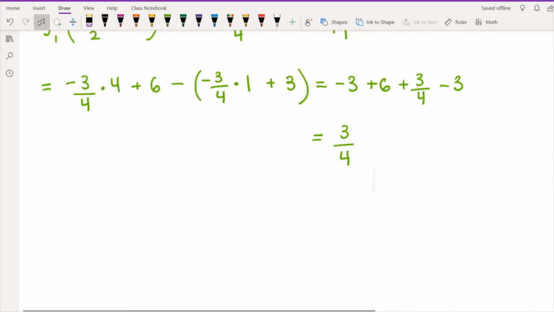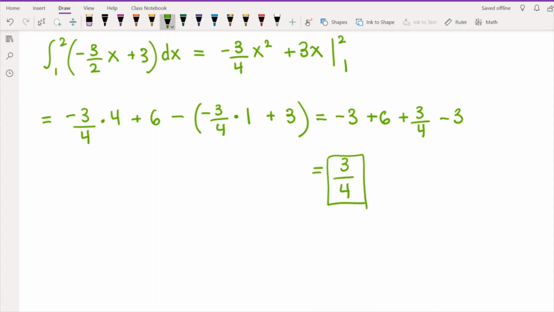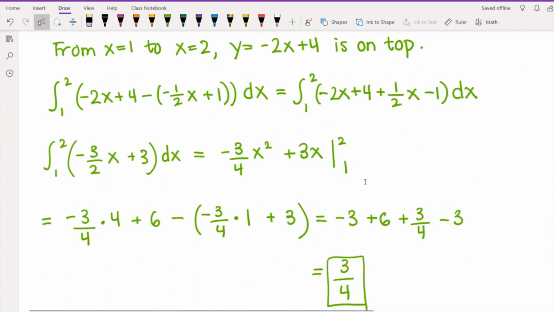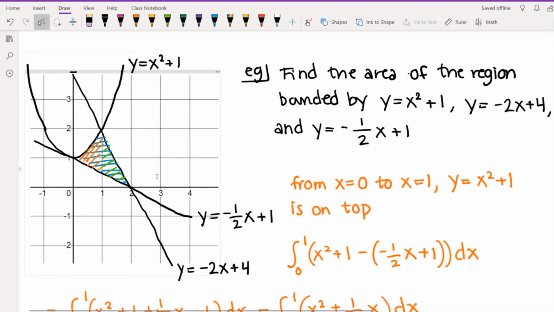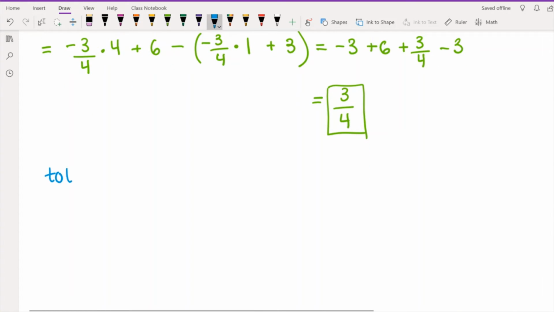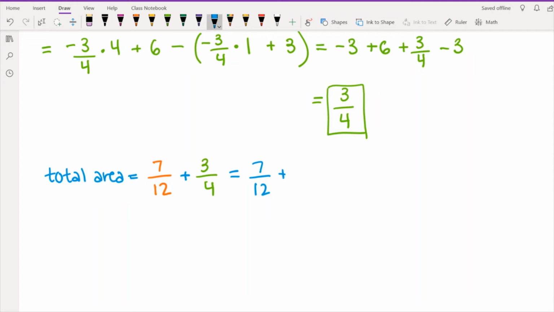And so now to find the total area, we just have to add together what we got in both parts. So let's go look back at our previous answer. So we got 7/12 on the first part, and we have 3/4 here. And so we just want to add those two things together. So the total area is equal to 7/12 plus 3/4, which is equal to, so we can make a common denominator of 12ths, so that would be 7/12 plus, if we multiply this by 3 over 3, that's 9/12.